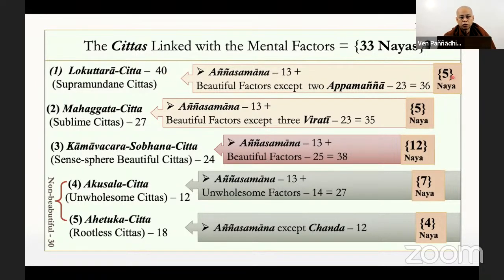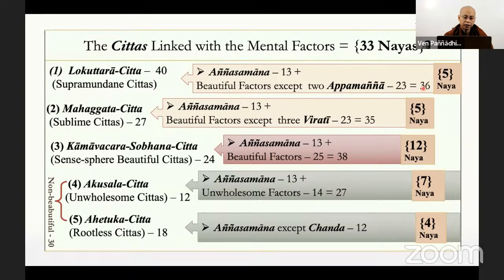These 40 will be in 5 methods. Roughly, the Annasamana group and the beautiful 23, because the Appamanna are exceptions, altogether 36, will be common, or at most the number of mental factors.